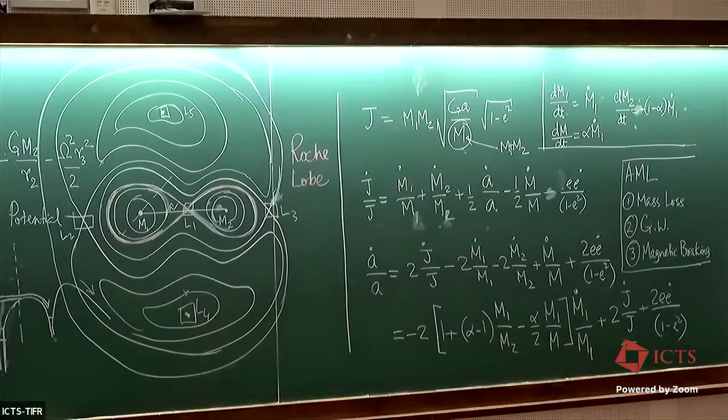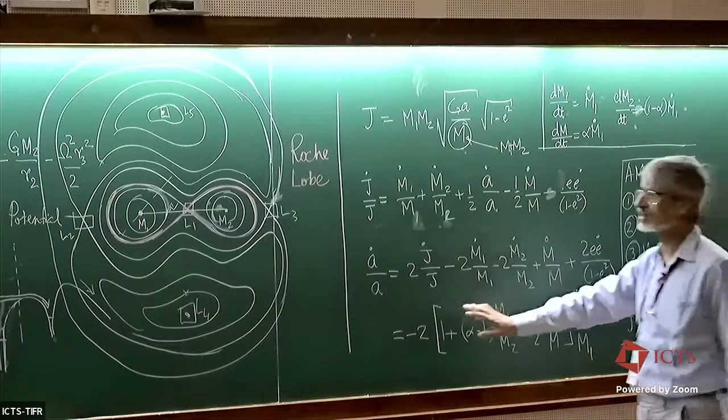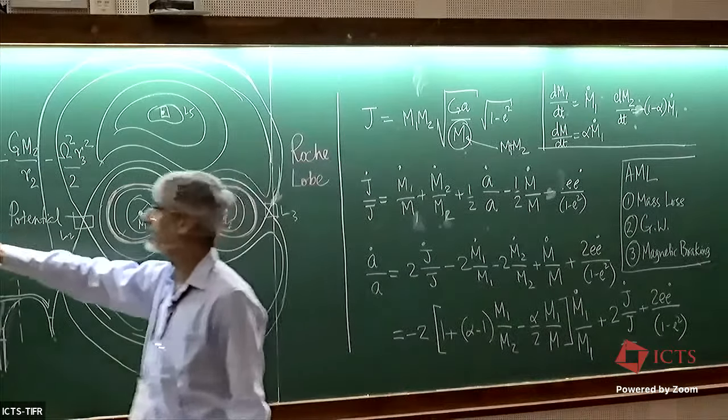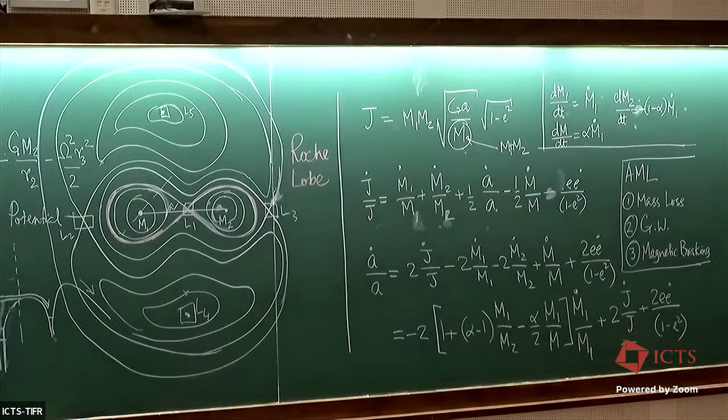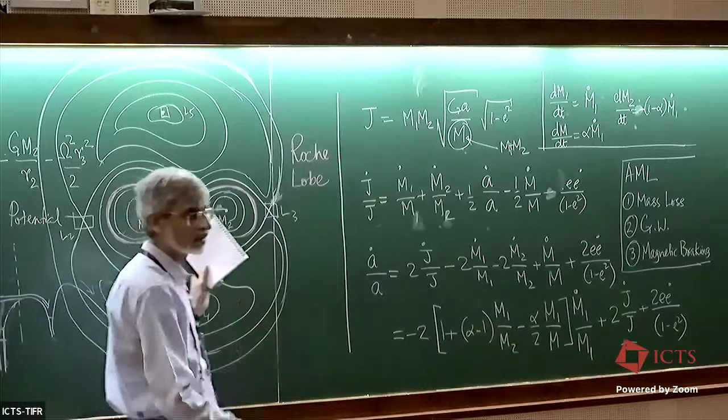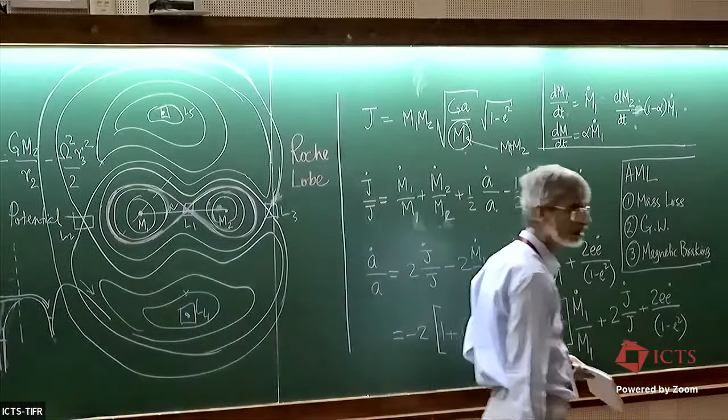I think this will be a good point to stop today. I'll continue from this tomorrow. So what we have seen today is, in a binary system, stars interact tidally.